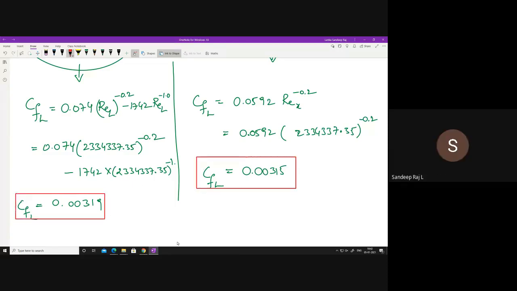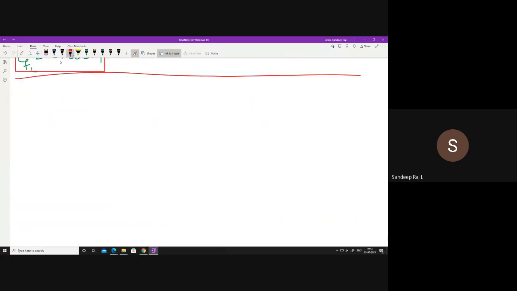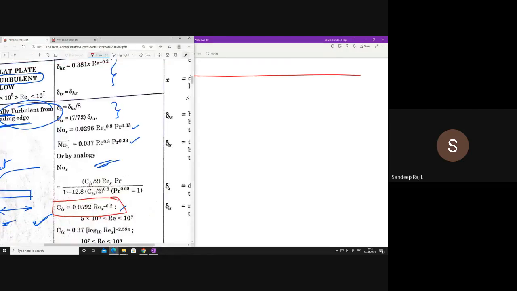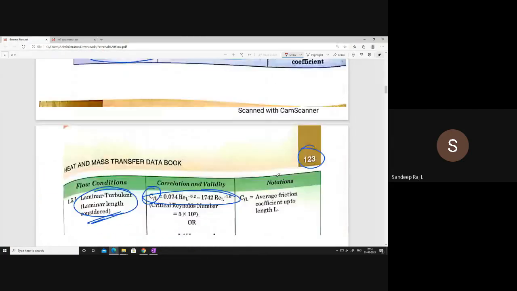CF in both the cases, you are done. And what is the next thing to do? You have to find out the H value. For finding out the H value, you have to find out the Nu value. For finding out the Nu bar, what is the formula in the laminar turbulent case? In the laminar turbulent case, the formula is this one. Let me write this formula here.